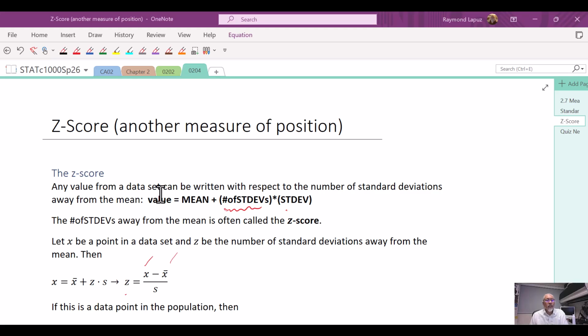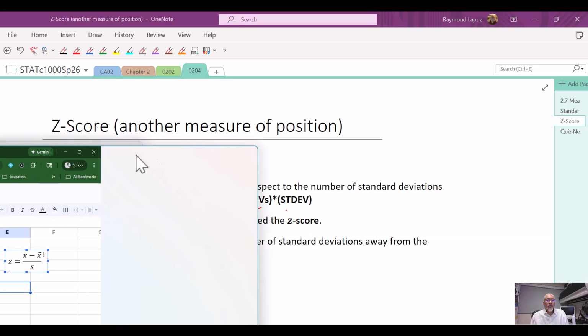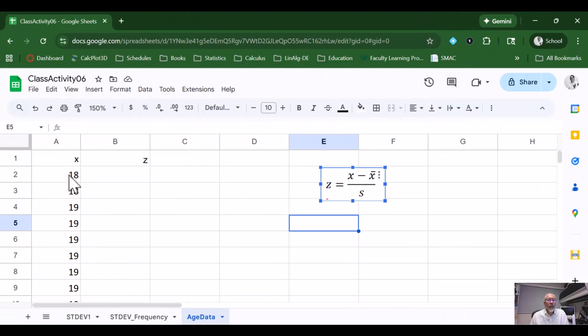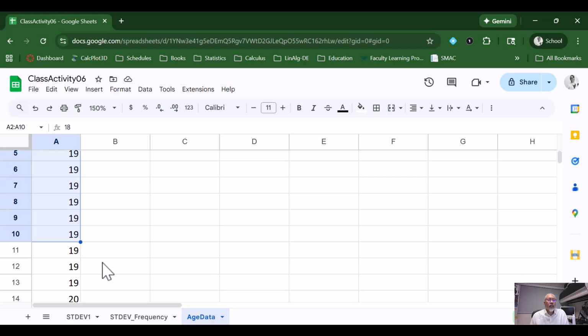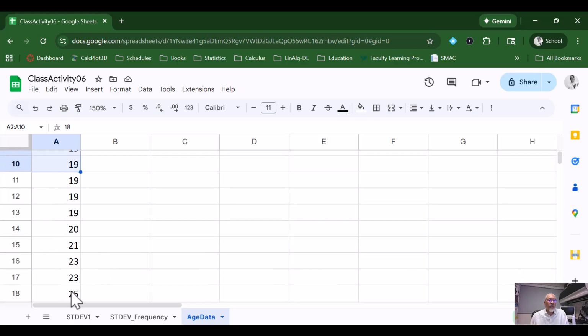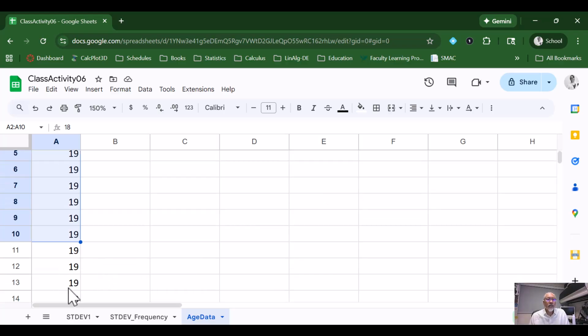All right, this is our last part of what we did in our class today. We took a look at the z-score, and the z-score for us will be another way to measure position. We took a look at the ages as our data set. So here are the ages that we have, and then I asked you, where do you think you stand relative to the class?